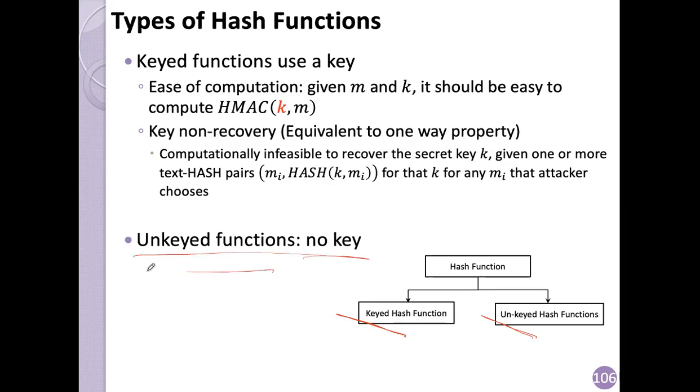The hash function just takes the message M1 and applies the function, whatever the function is, and gives you the hash value, which is, for example, let's assume 128 bits. That's it. But in a keyed hash function, there is also a key that should be shared between the sender and receiver, or the person who is hashing the information and the person who wants to use that hashing.